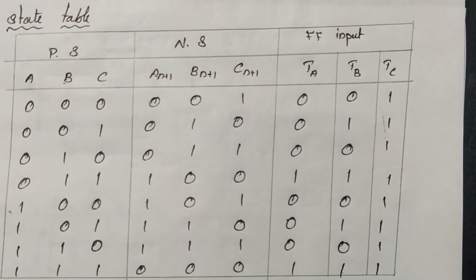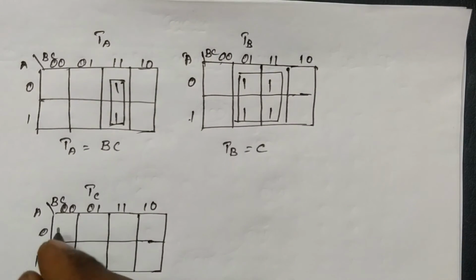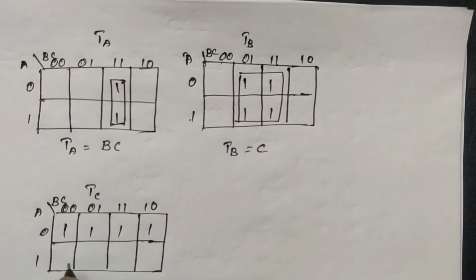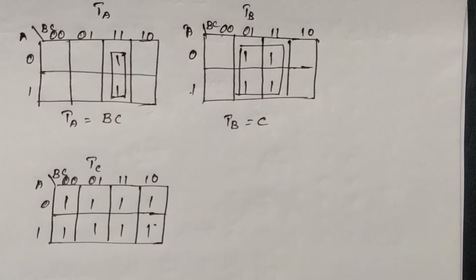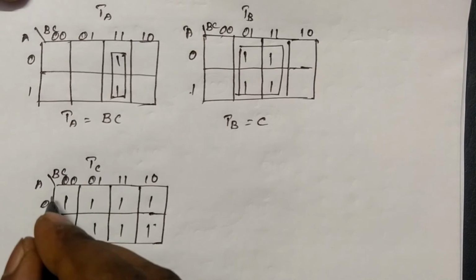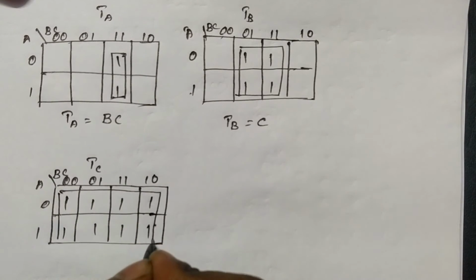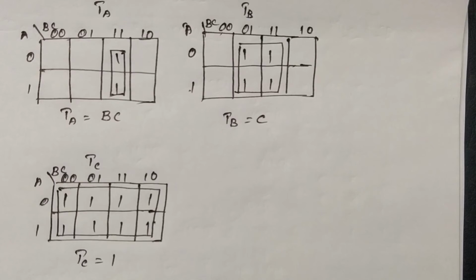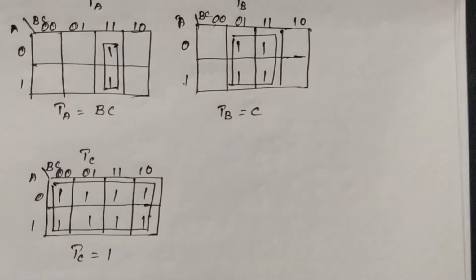For TC, all the outputs are 1 for all the possible input combinations. Therefore, 0, 0, 0 is 1, 0, 0, 1 also 1, 0, 1, 0 also 1, 0, 1, 1 also 1, 1, 0, 0 also 1, 1, 0, 1 also 1, 1, 1, 0 also 1, 1, 1, 1 also 1. Okay, so in a K map, if all the cells are 1s, we can group it as a single group, and here the value is equal to TC is equal to 1. Then we can go for the logical diagram.